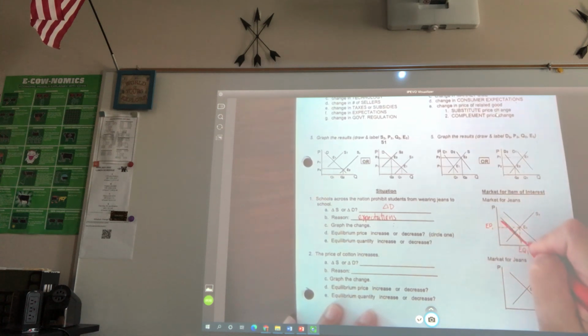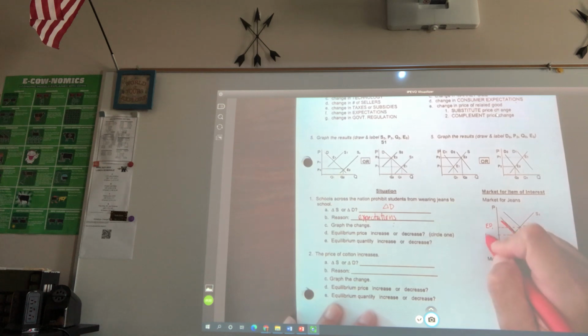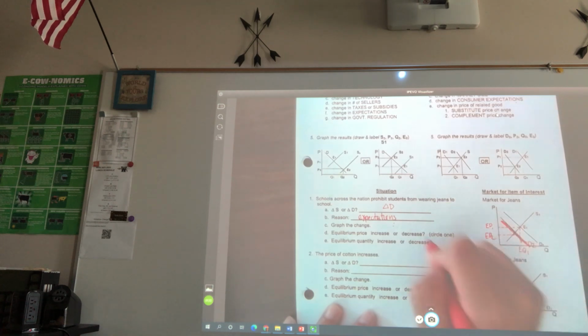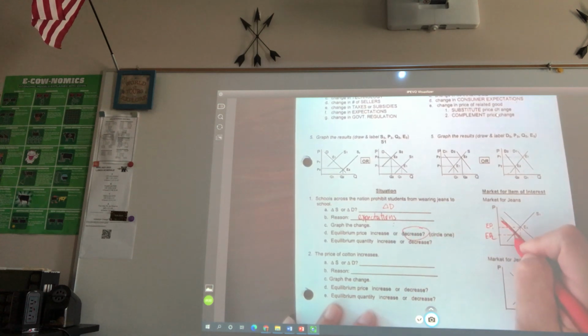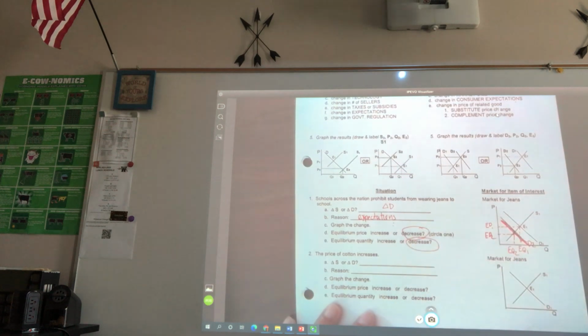So then, what happened to my price now? It decreased, so I'm gonna circle decreased, and then what happened to my quantity? It decreased too. And so in AP, if we're ever having a graph, all of this stuff is your analysis to show what's going on.